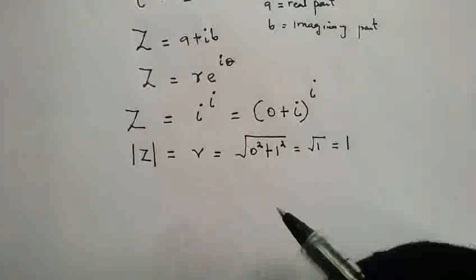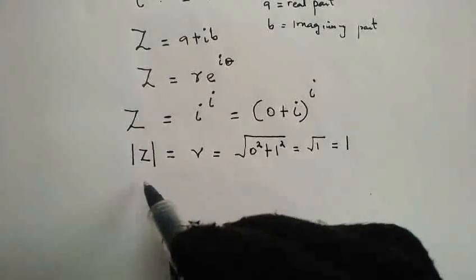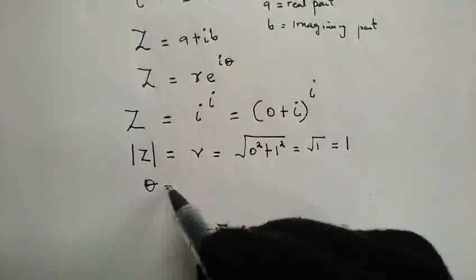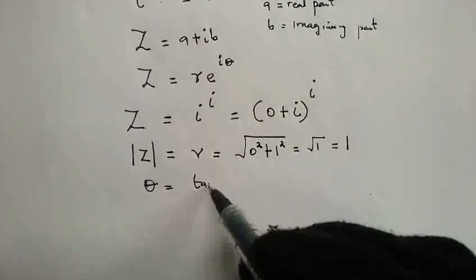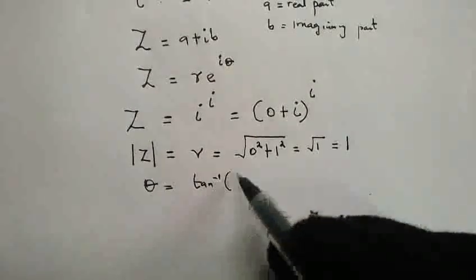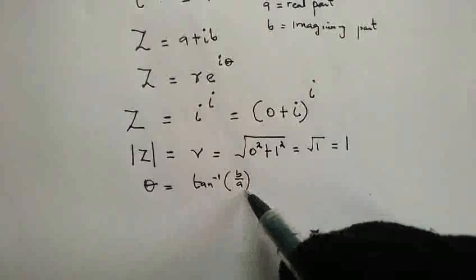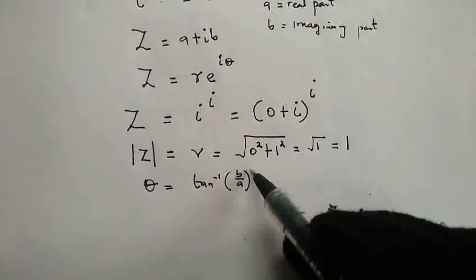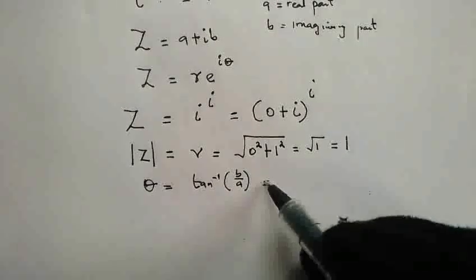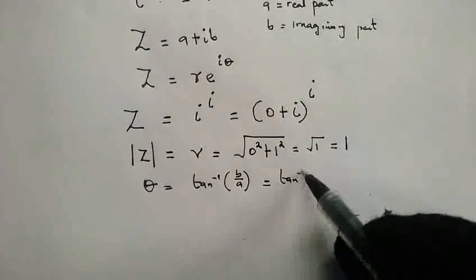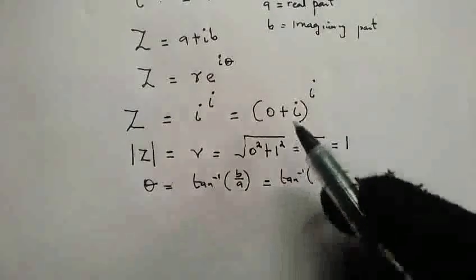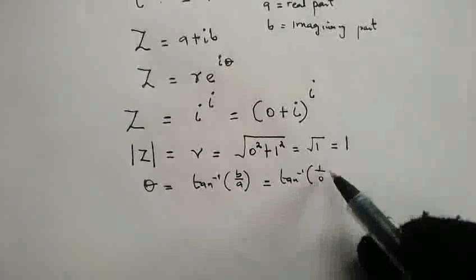Here our argument theta is given by the formula, the tan inverse of b all over a. So here, remember, b is the imaginary part and a is the real part. So this is equal to the tan inverse of the imaginary part, which is 1, all over 0.